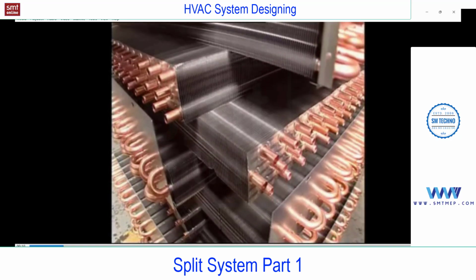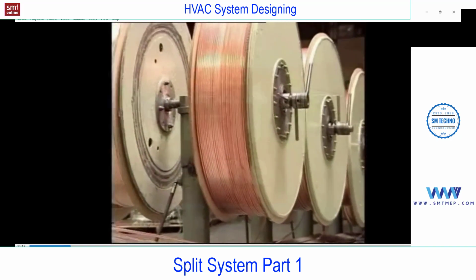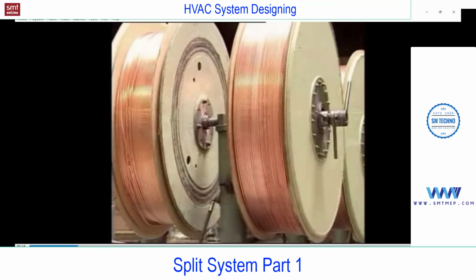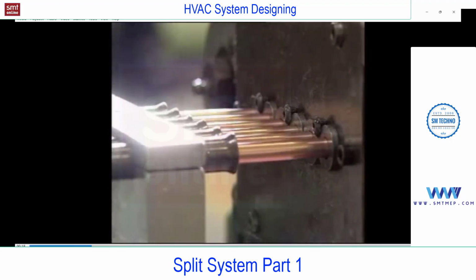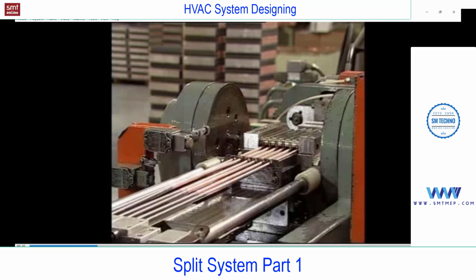Changing from smooth bore copper tubes to internally enhanced inner groove tubes enable a move towards higher efficiency heat exchangers. The process of coil making includes the use of... You see this process called drawing process, and remember the copper tube is welded and seamless. The copper tube is a seamless pipe, not welded pipe.